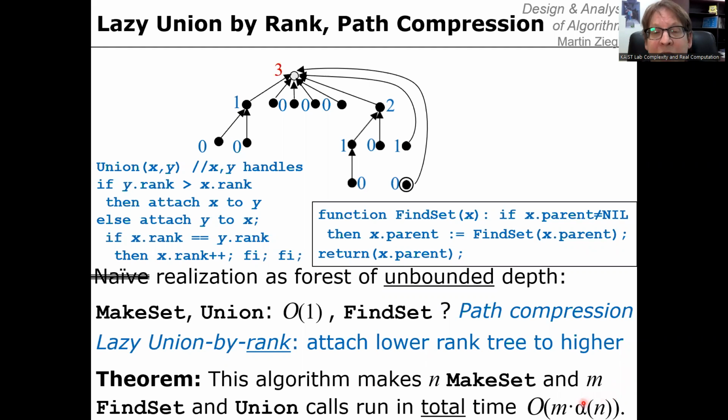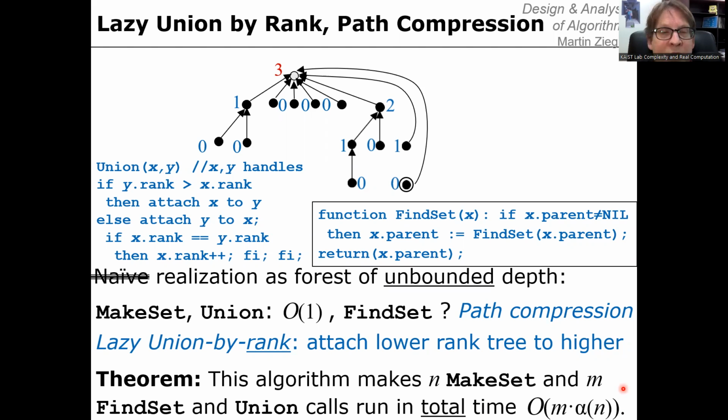So this is an extremely slowly growing function, and now converting the statement of this theorem from total cost to amortized cost means we need to divide this total cost by m. That means the amortized cost is alpha of m, the inverse Ackermann function.